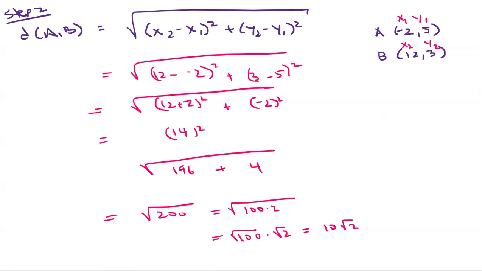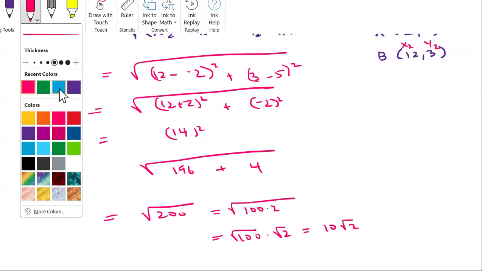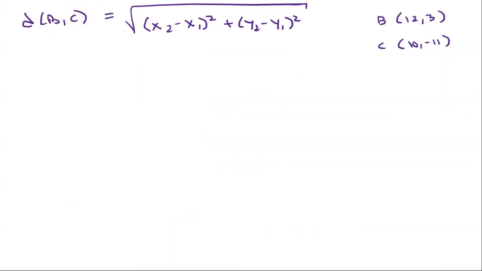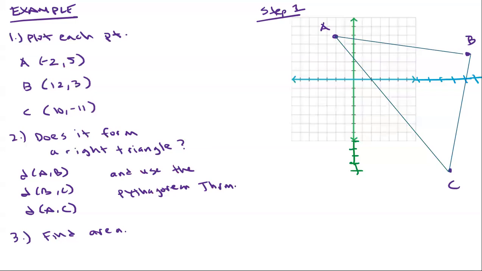Now I'm going to go through the same process for BC. In our graph, that looks like the bottom of this triangle.